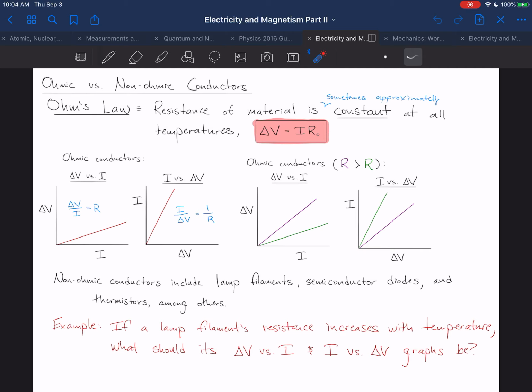And because there is such a nice interpretation of delta V on the vertical axis, you will often see this graph plotted, even though 9 times out of 10, I is the dependent variable and delta V is the independent variable. You should be comfortable going back and forth between these two sets of graphs. In the next video, we will begin to look at what such graphs and such materials might look like for non-ohmic conductors.